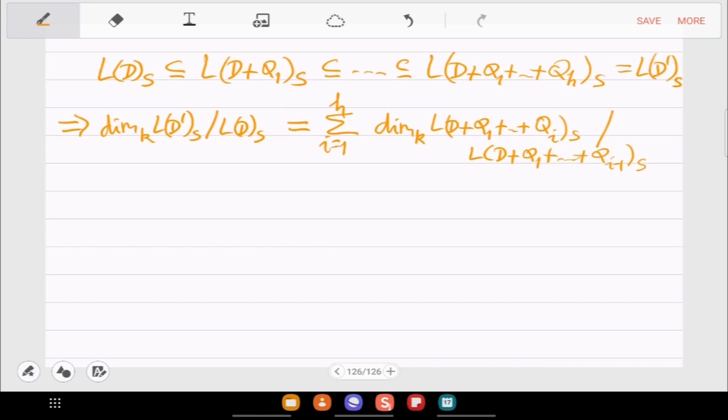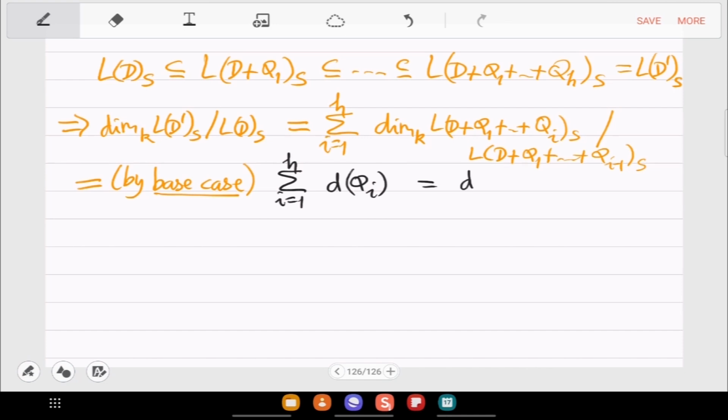That is the dimension that you have grown by, which by the base case is just the degree of Qi, which ultimately is equal to the degree of this.